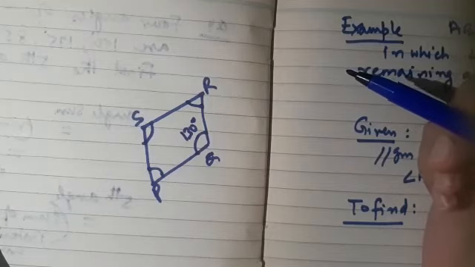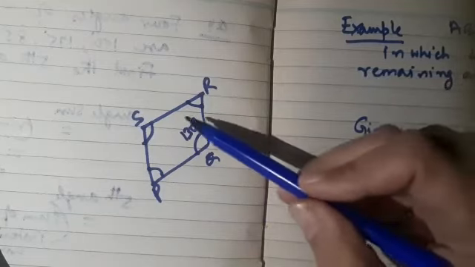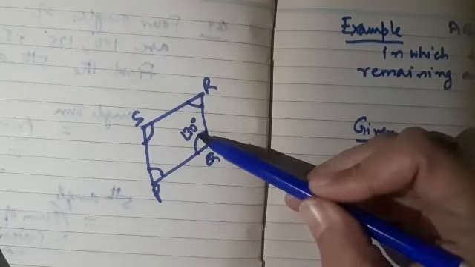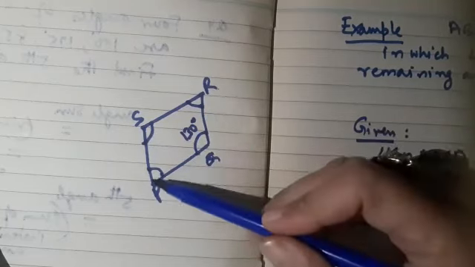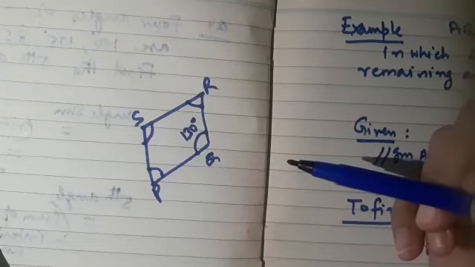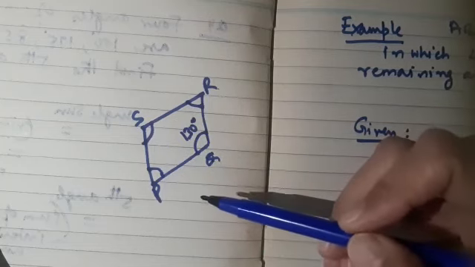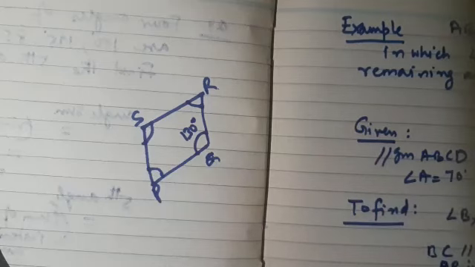Right? I hope you have understood. Here in this figure, angle Q is 130 degrees. PQRS is a parallelogram. Find the remaining angles of the parallelogram. Do this one and just let me know what is your answer.